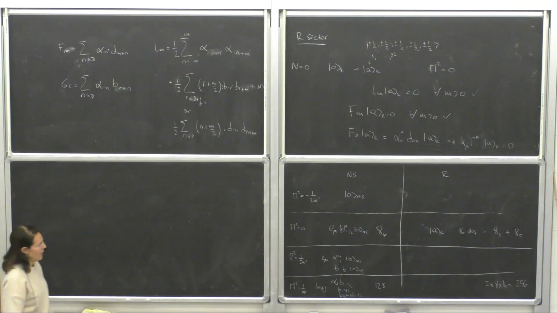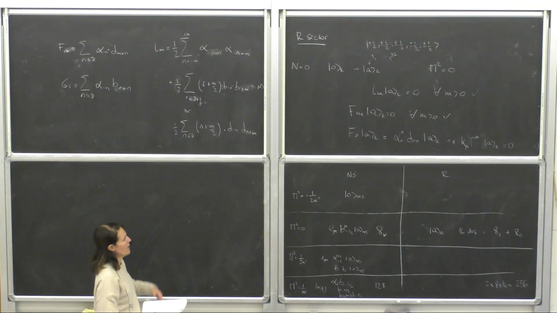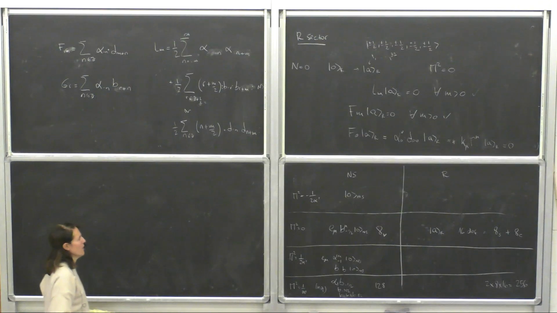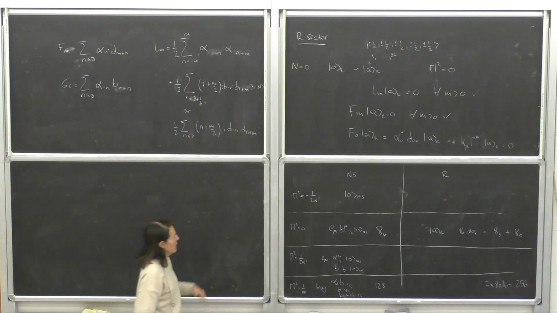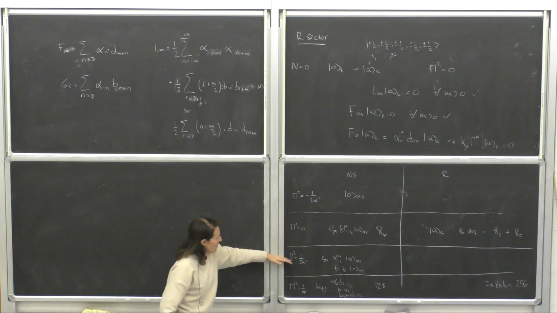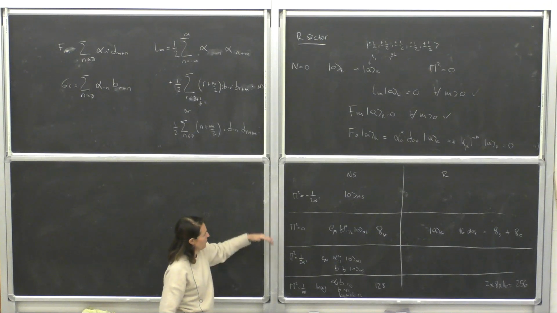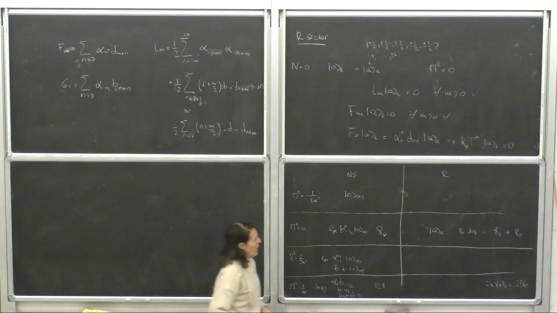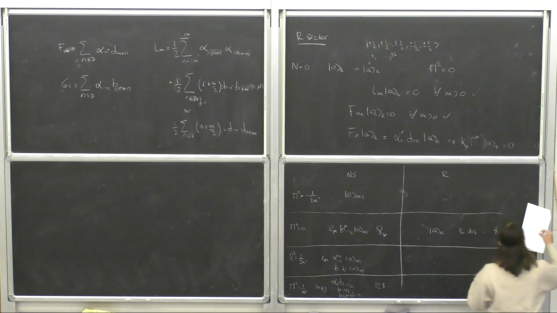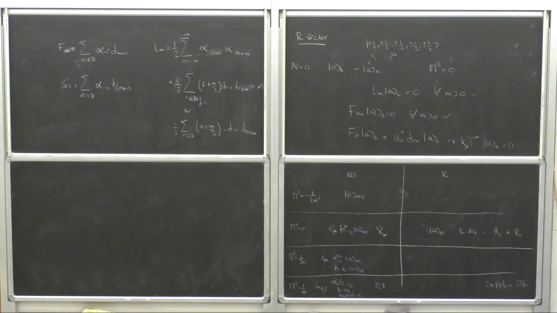So the point is that there is a projection that one can do consistently in the spectrum, such that it kills all these intermediate levels in the NS sector. And here it keeps 1/2 of the degrees of freedom. And that projection is called the GSO projection.